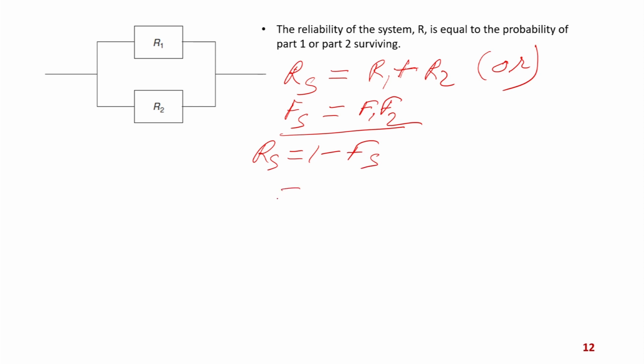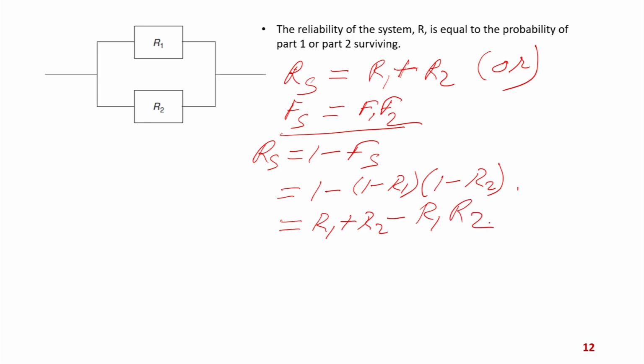So, in that case I have 1 minus F 1, which is 1 minus R 1, and then 1 minus R 2. Okay. So, I can get from here R 1 plus R 2 minus R 1 into R 2.